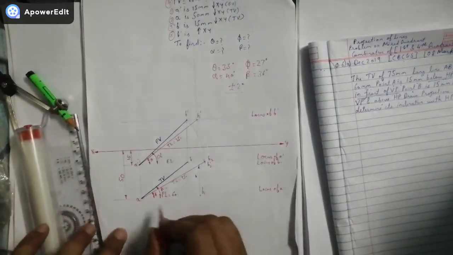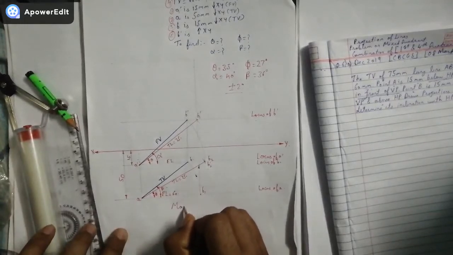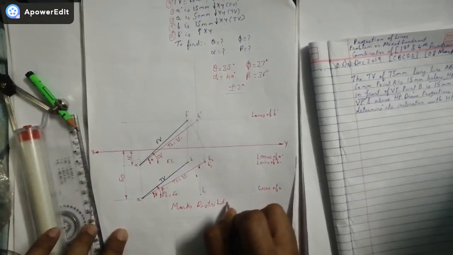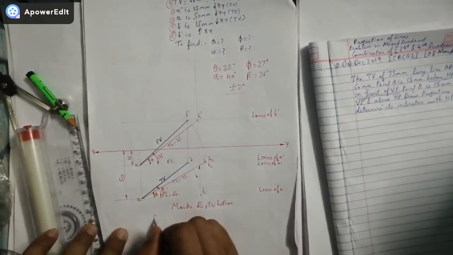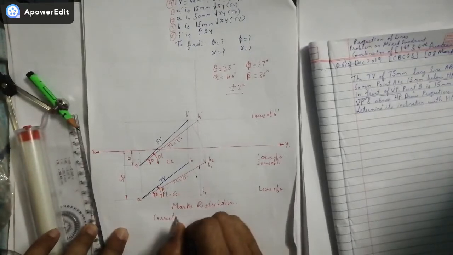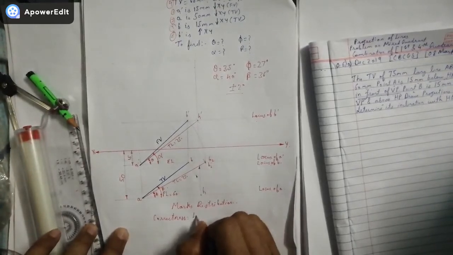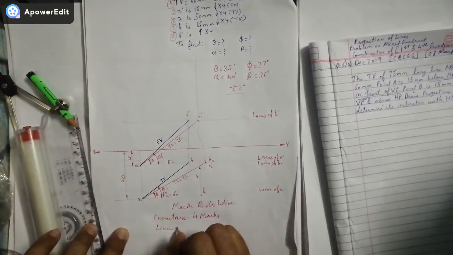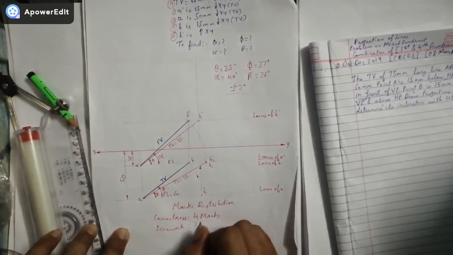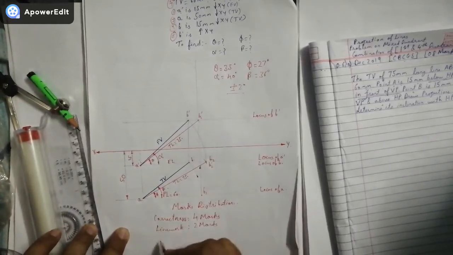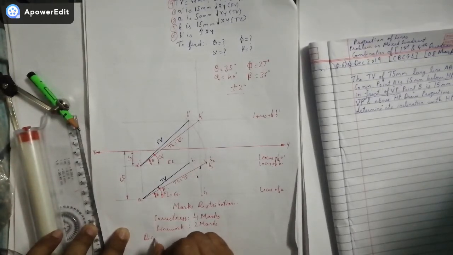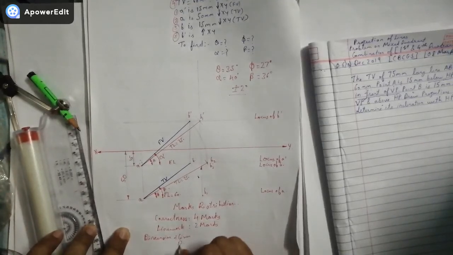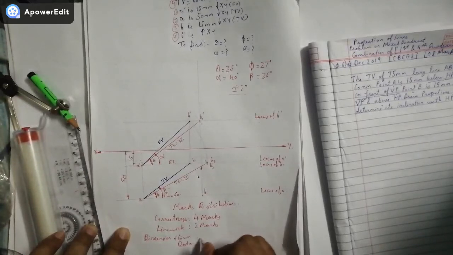Let's see how the marks distribution is for this particular problem of 8 marks. The marks distribution will be: correctness for 4 marks, line work for 2 marks, and dimension plus given data is equal to 1 mark.